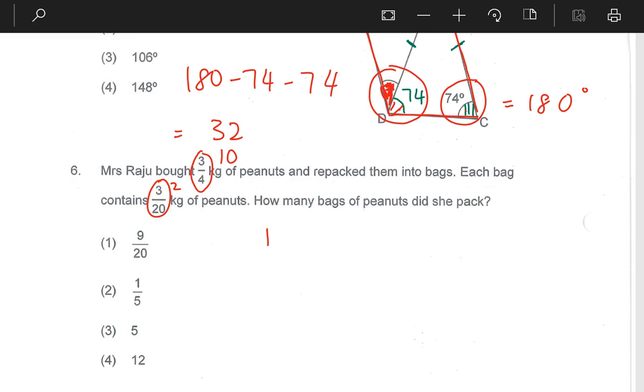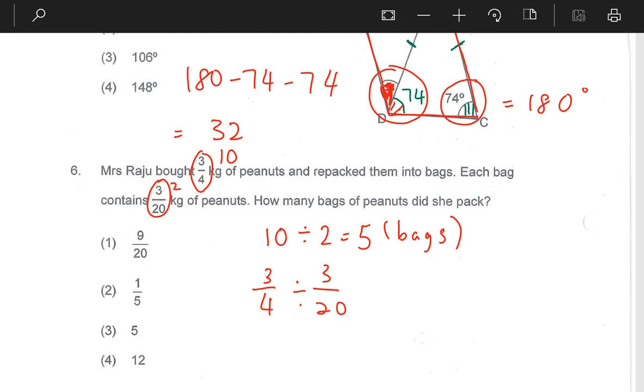In primary 1, what would you do? You will do 10, you will divide by 2 to get 5 bags, right? Now this is primary 1. Now the reason why primary 5, primary 6 it looks confusing is because the numbers are replaced with fractions. But the idea is the same. You take your 3/4 and you're going to divide it by 3/20.